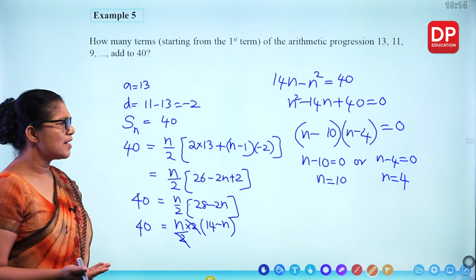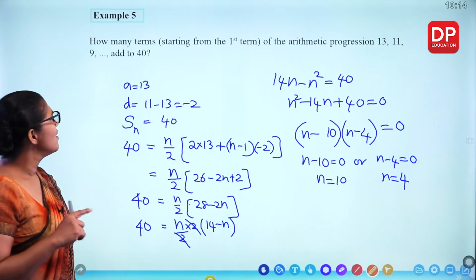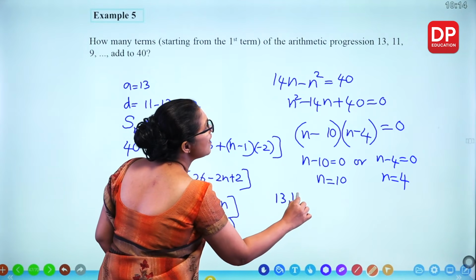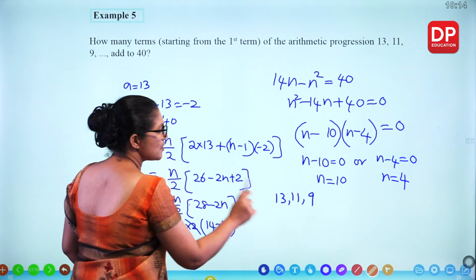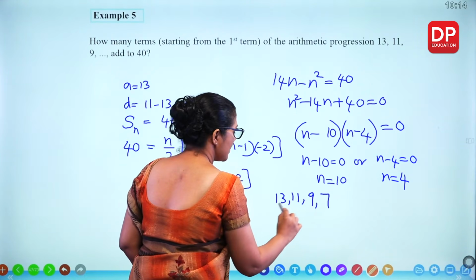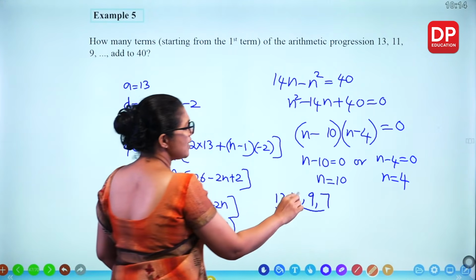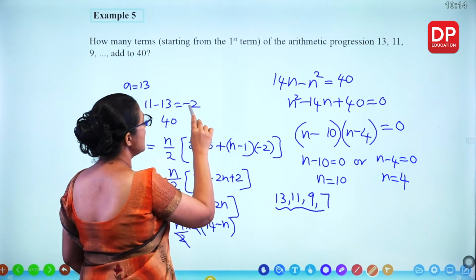First 10 terms also 40 and first 4 terms also 40. Shall we check it out? So here 13, 11, 9. First 4 terms. We'll take another one. 9 minus 2, 7. So here sum is 40. Then what happens when this is subtraction? You get minus values.